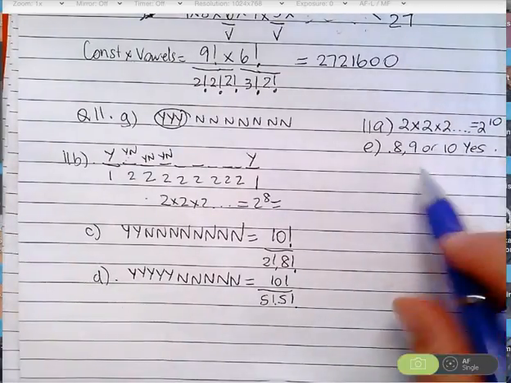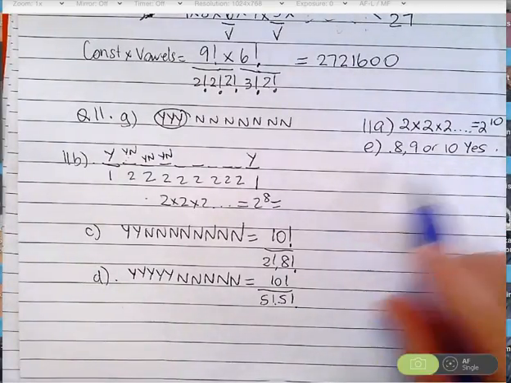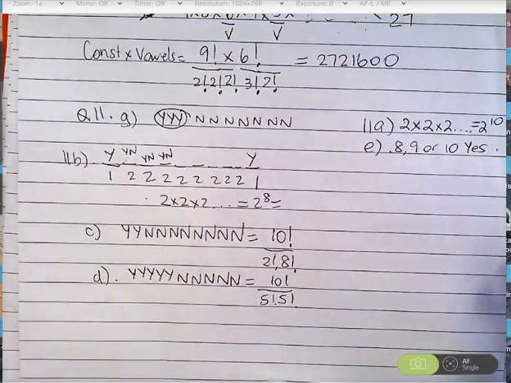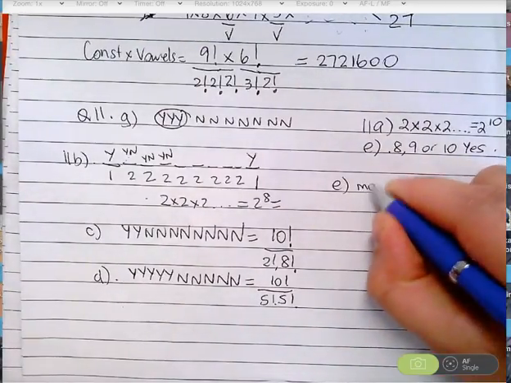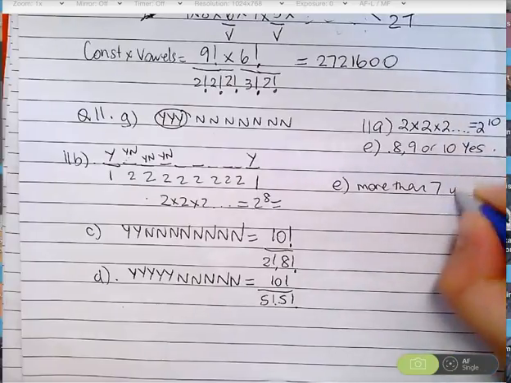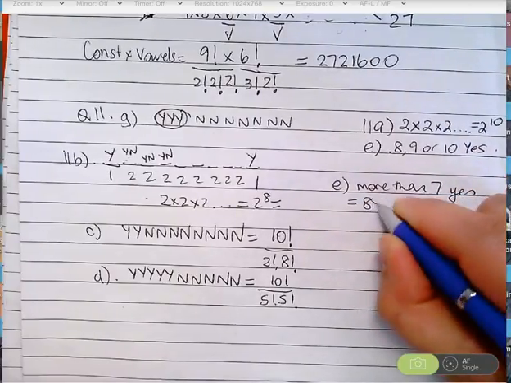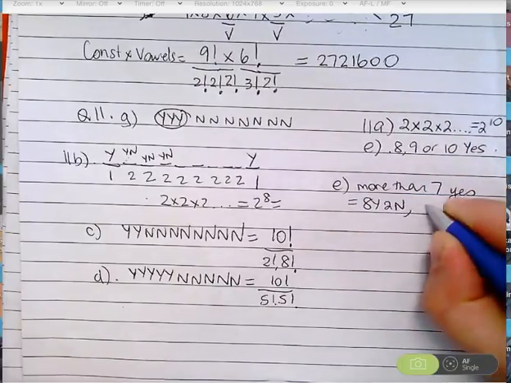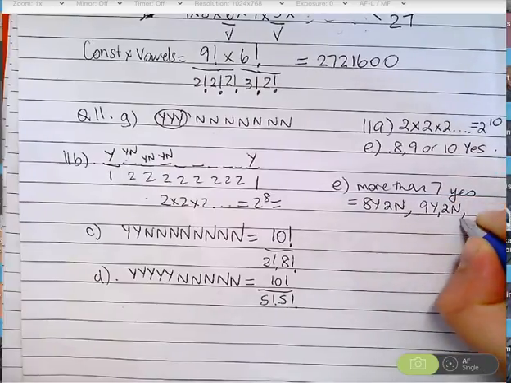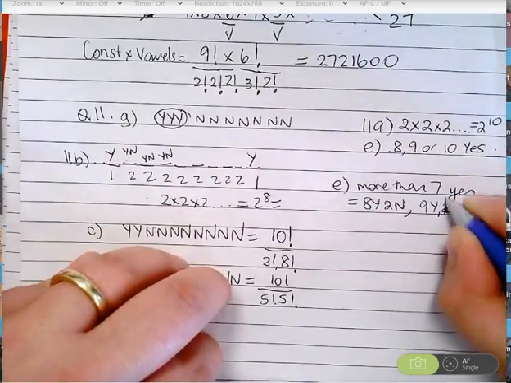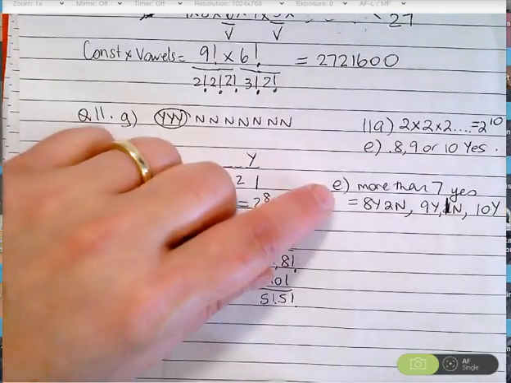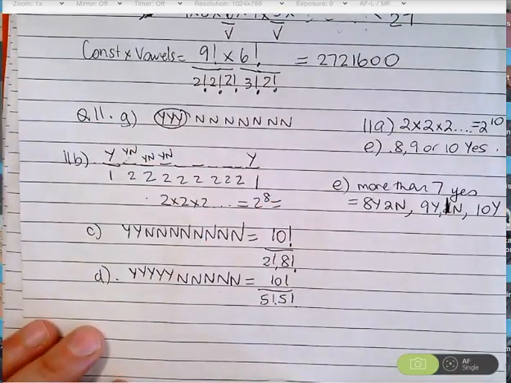E, we want more than 7 yes, so E is more than 7 are yes. That equals 8 yes, 2 no, 9 yes, 1 no, and 10 yes.